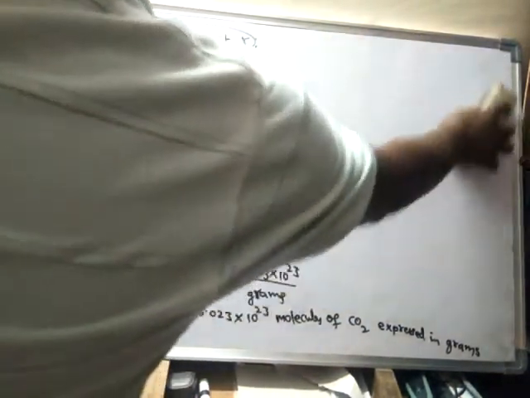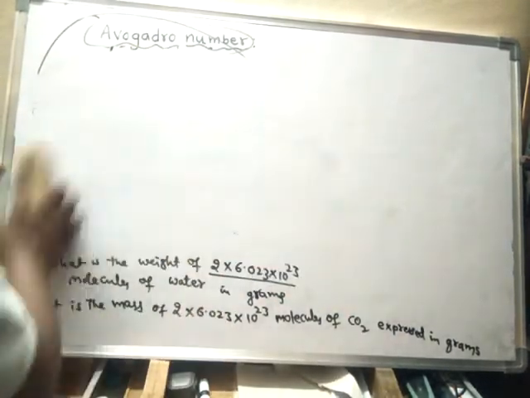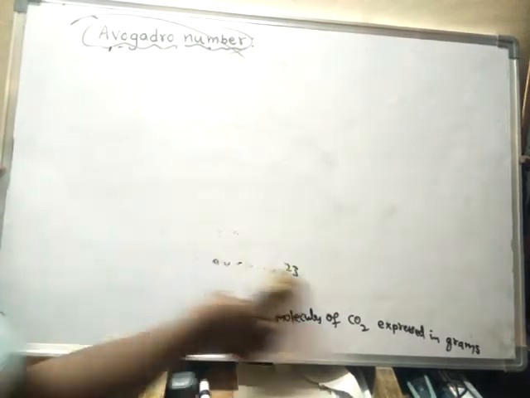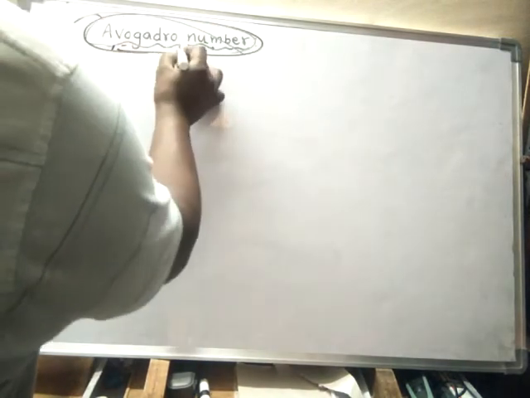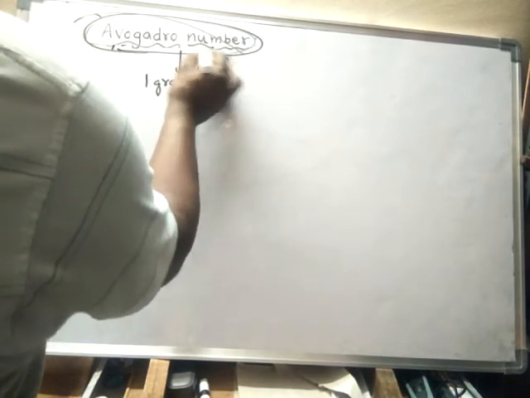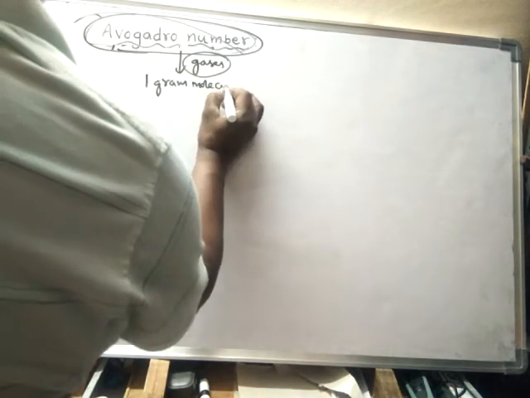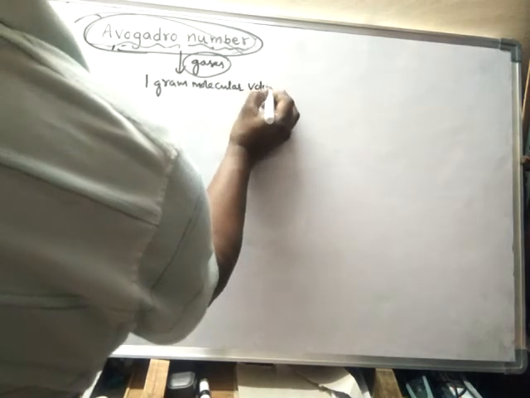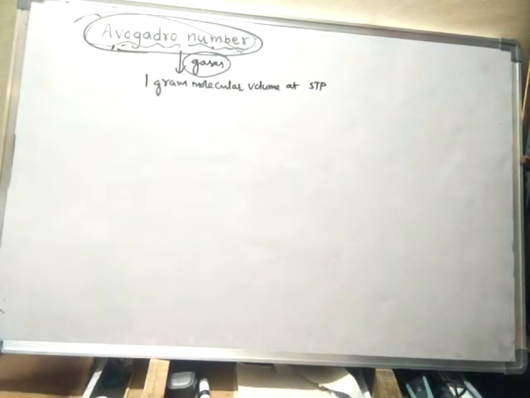And one more point regarding this Avogadro number. This Avogadro number is equal to 1 gram molecular volume at STP for gases.